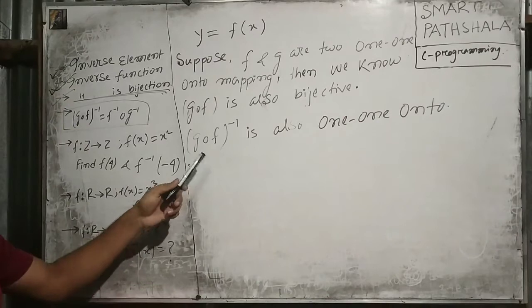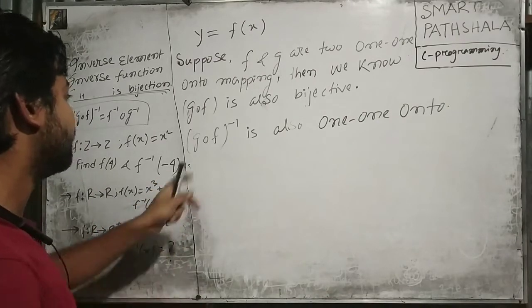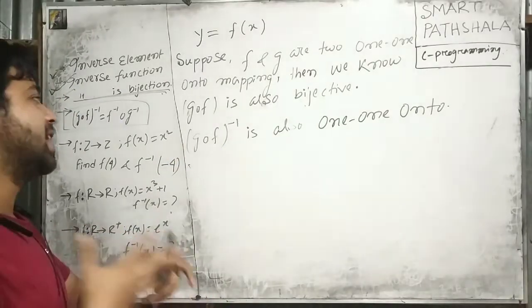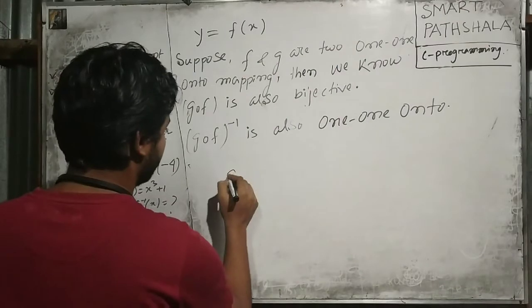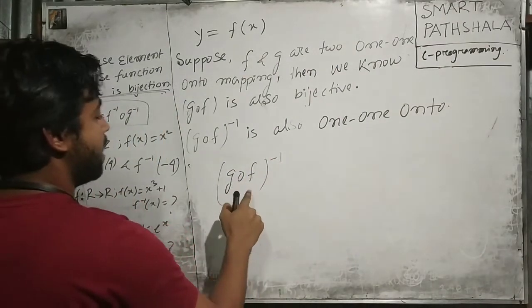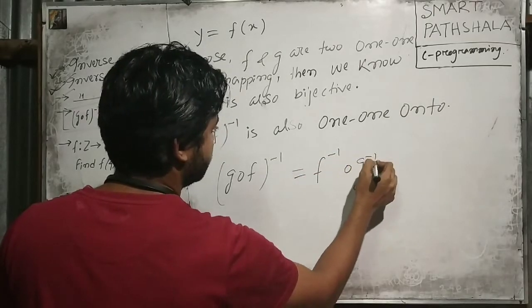Students, keep in mind that this is not only for g of f. If you write f of g, then it is also true in that case. Now we have a formula: g of f inverse is equal to f inverse of g inverse.